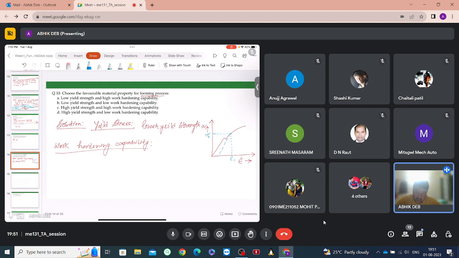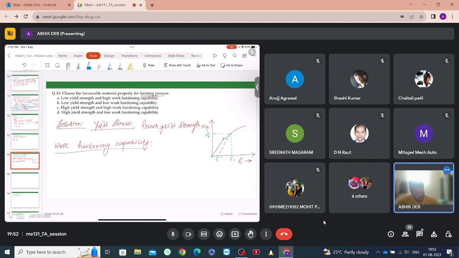Like this was the initial shape, this point 1, and it will revert to this point. It will not revert to exactly the original shape. It would have reverted back to its original shape if it was unloaded at this point. If anything beyond that the stress is applied and we unload it, then it will come back to this point, say epsilon dash.